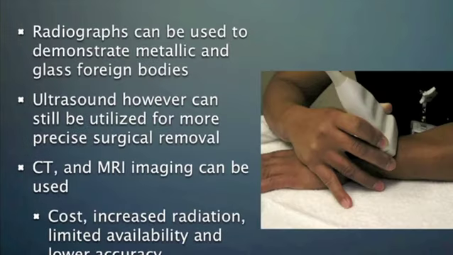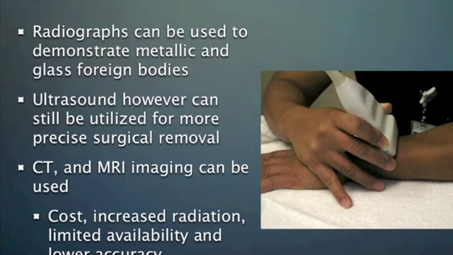Now, with metallic and glass, x-rays can be used to demonstrate their location, but ultrasound is actually much better to precisely remove them at the bedside. Just seeing a plain film, even a 2-view plain film, can be very misleading about where to actually search for the foreign body, as one is often misled by looking at a soft tissue surface injury, which may not be anywhere near where the foreign body is actually located.